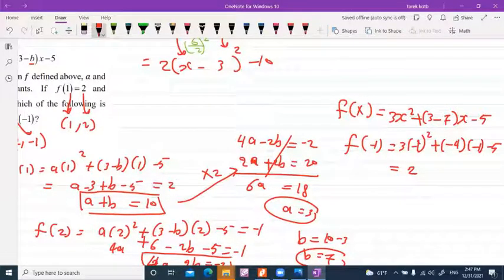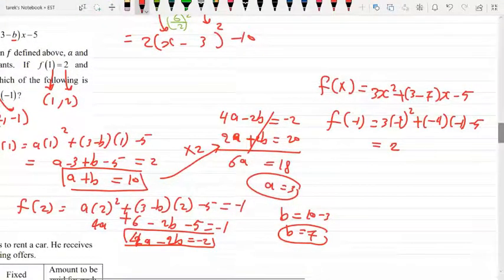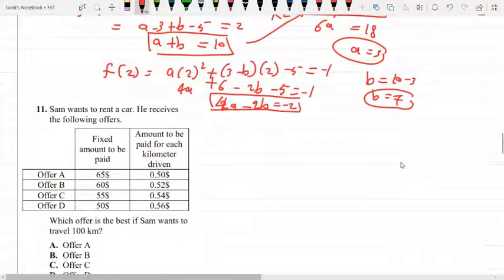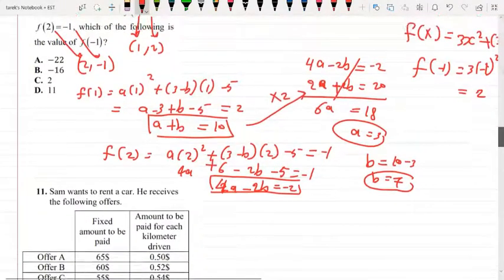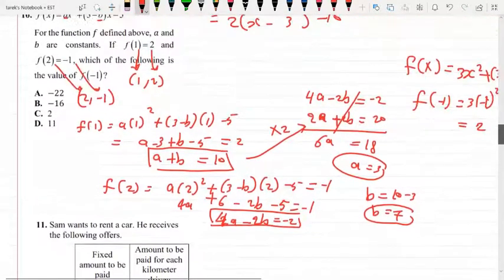This was number 10. Number 11. So the answer here is 2.